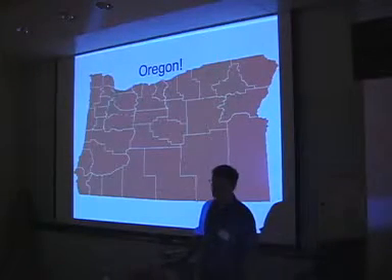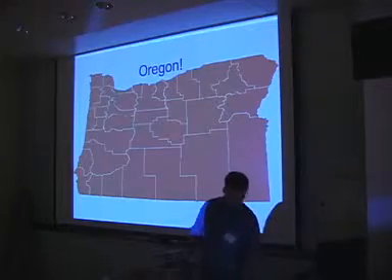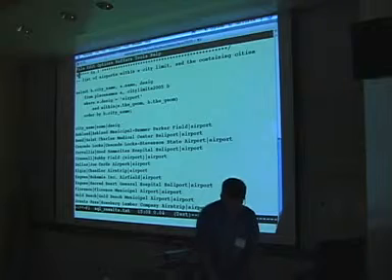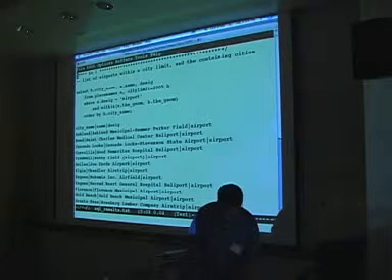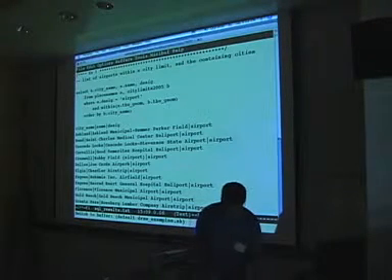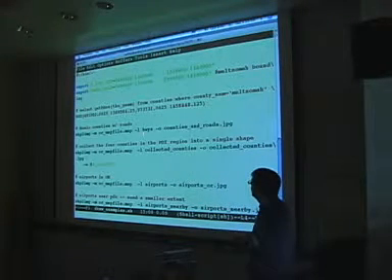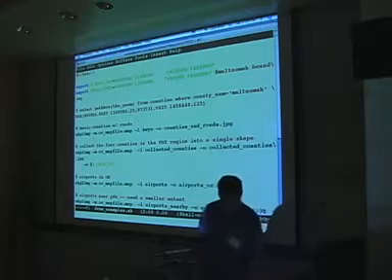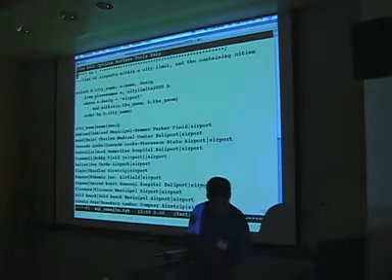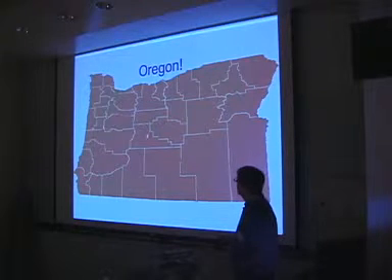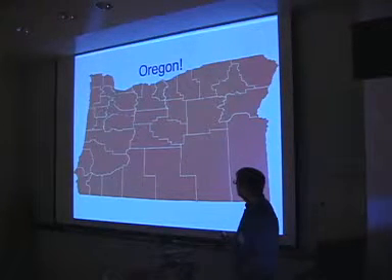So there's Oregon. I generated these maps with MapServer. So there's Oregon generated from a highway file and a county file.